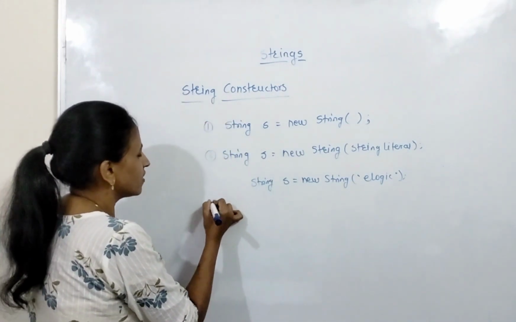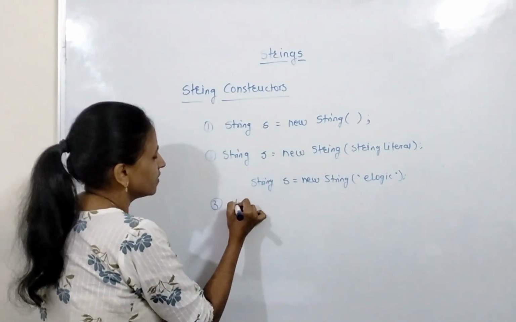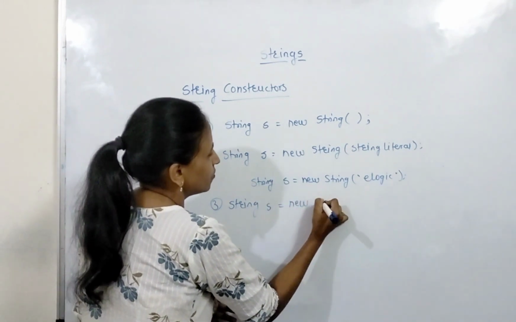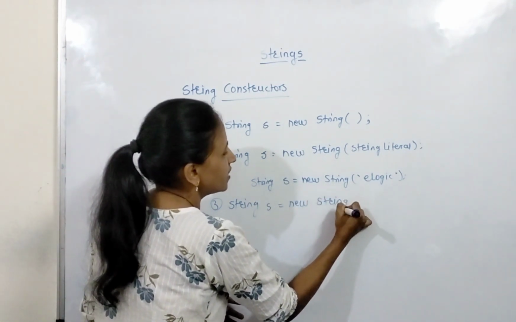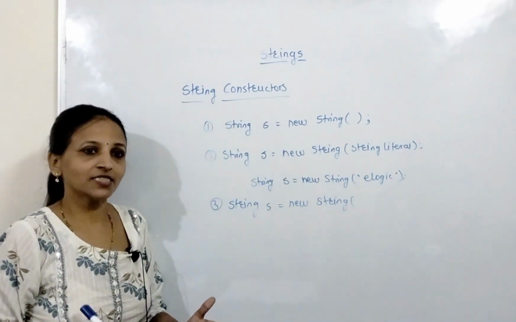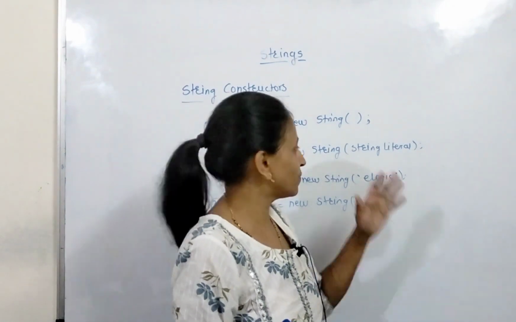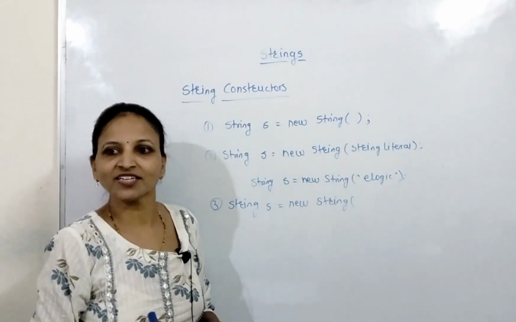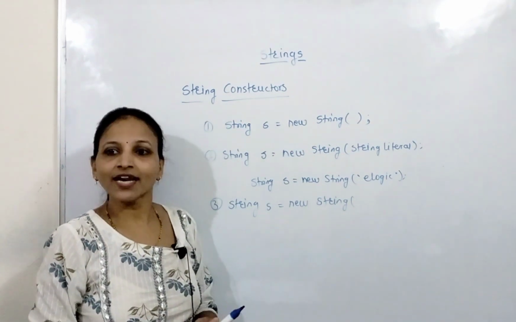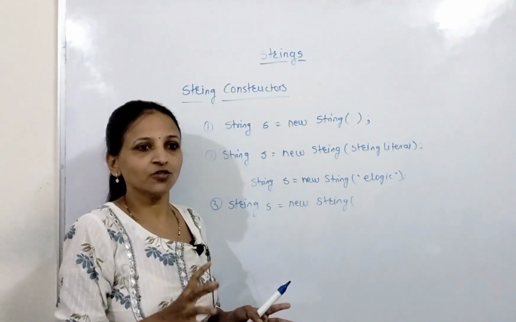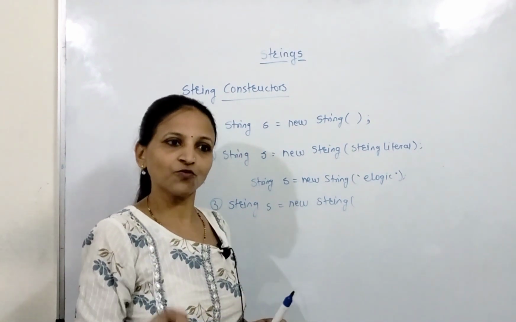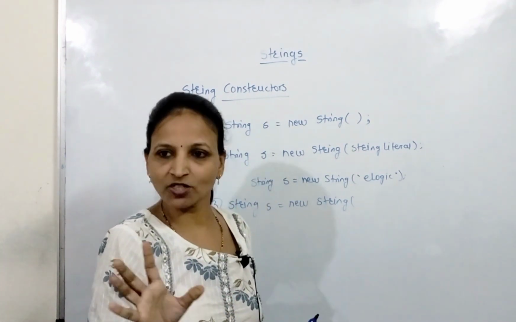Now the third way, String s equal to new String, and here you can pass any StringBuffer object. That StringBuffer object we will see up to this point. Actually, StringBuffer is again one more class that you can use to create a string. Let's say you have created one object using that already present StringBuffer class, and using that object you want to create one string variable or string object.